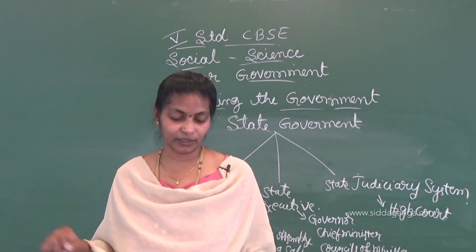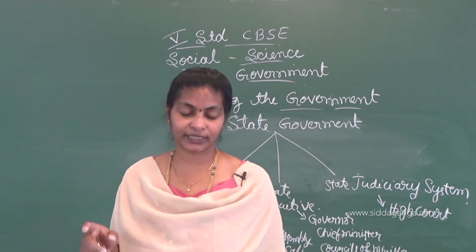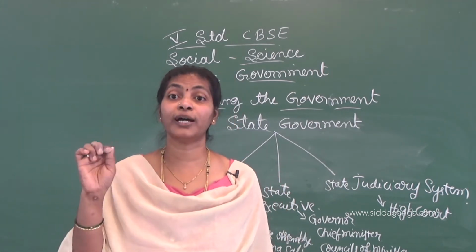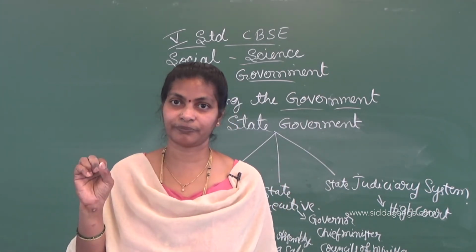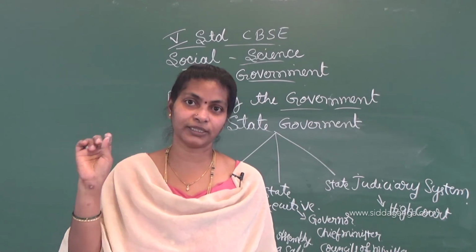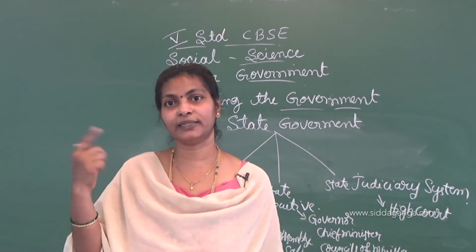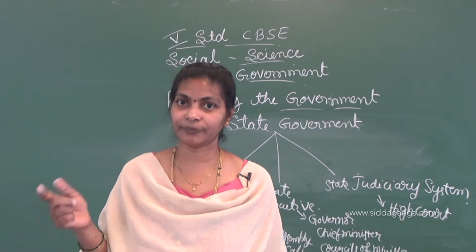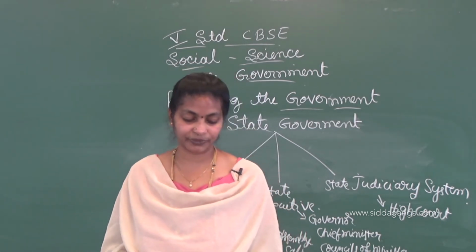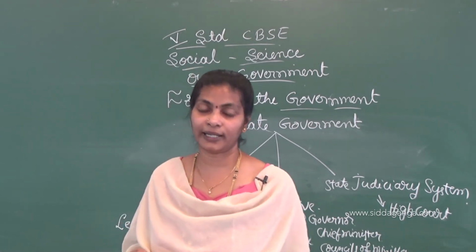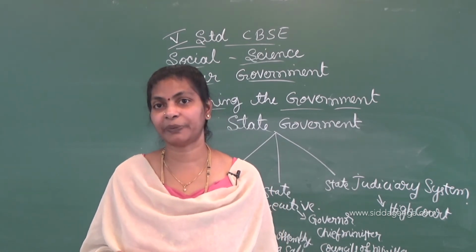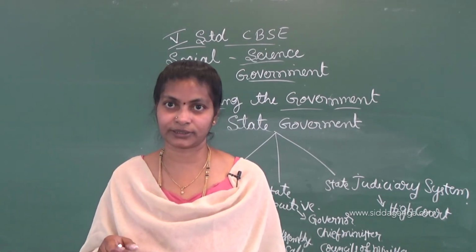This means the term of office of the Legislative Assembly is only 5 years. When they are elected, they work for 5 years, and later elections are held again.